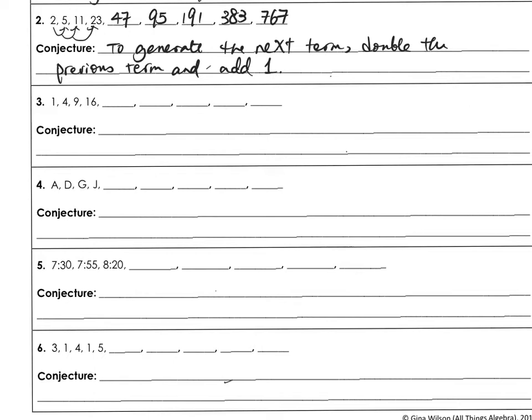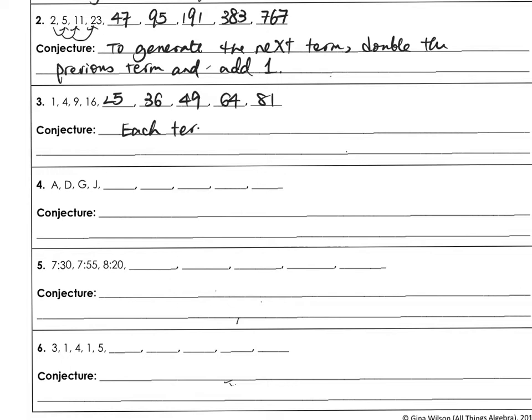For number 3, those are very familiar numbers: 1, 4, 9, 16. They're all perfect squares. That's 1 squared, 2 squared, 3 squared, 4 squared. Now I would have 5 squared, which is 25. 6 squared is 36. 7 squared is 49. Then 64 and 81. The conjecture is each term is a perfect square.